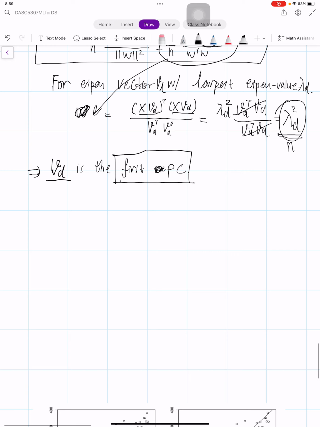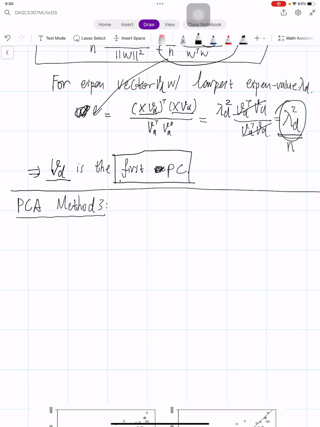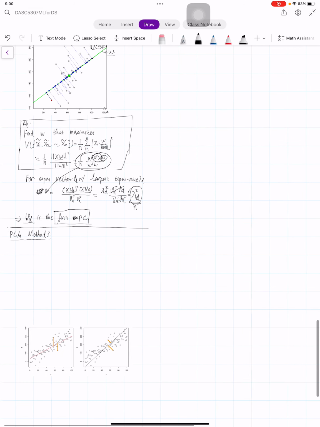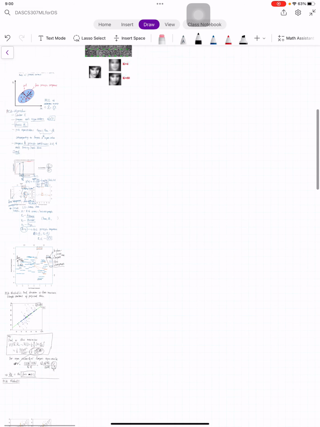Actually, there is another interpretation here. Principal component analysis method 3. This will give you the same solution, but it gives you different interpretations. Let me show you one more picture here.